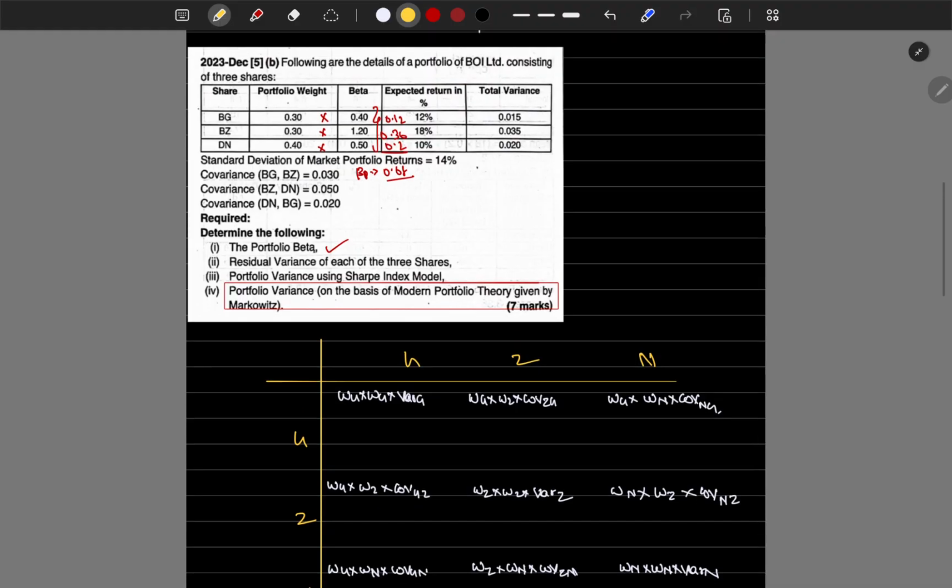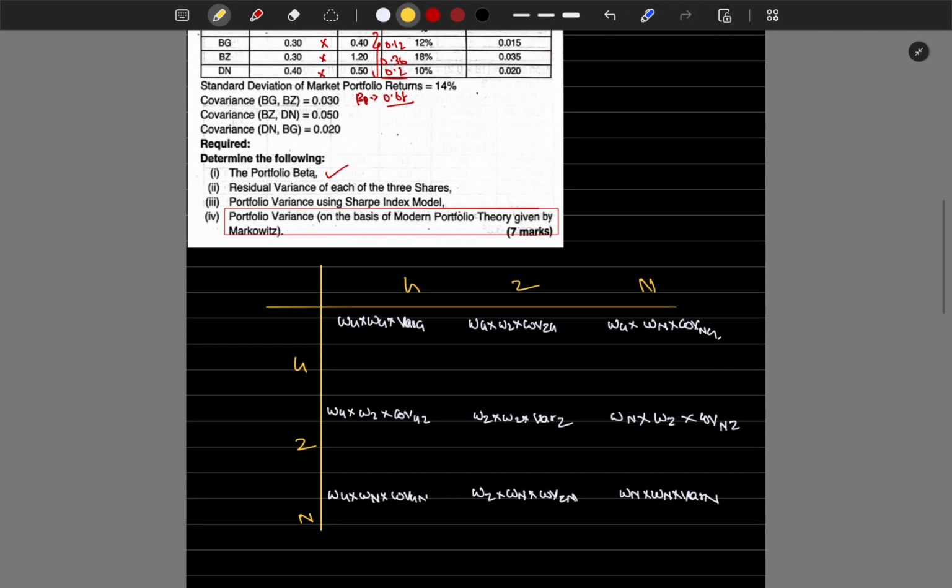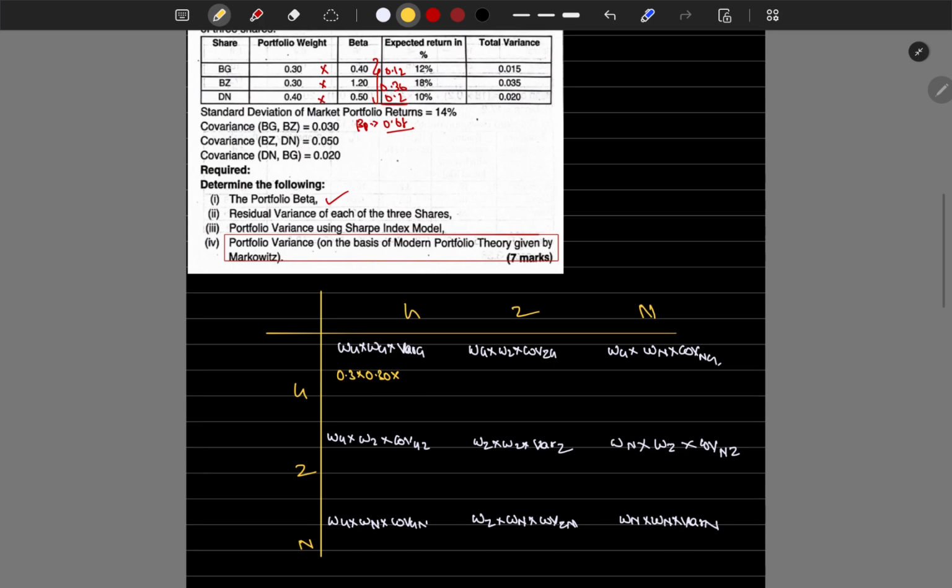What's the weight? Weight is 0.30. 0.30 into variance, which is 0.015.